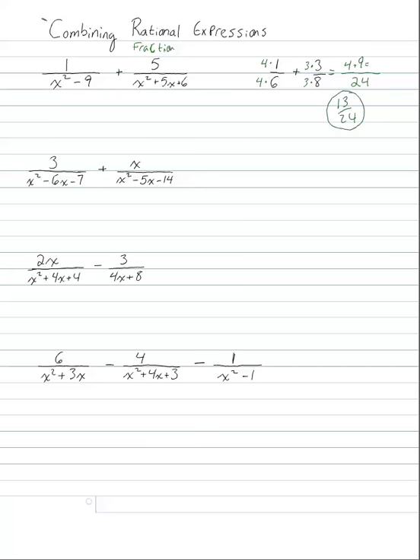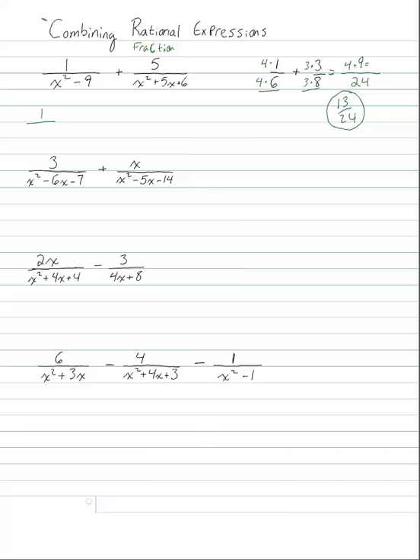So let's see what we can do with algebraic terms. We know again that if we're going to find a common denominator, we're going to have to multiply by something. So it would make sense for us to write this as multiples, which would mean to factor. I'm going to factor as best I can. I have 1 over x squared minus 9.